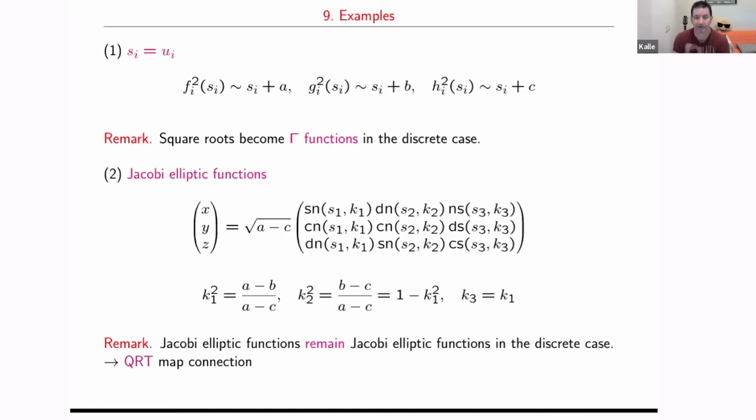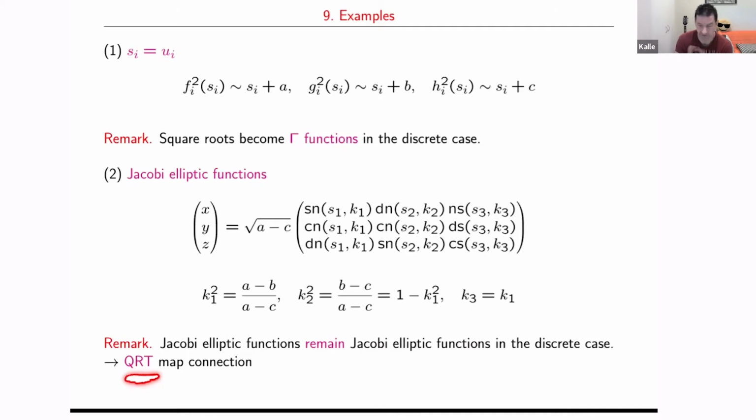And so if you then try to discretize those things, then the square roots that we see here, if we take the square root, they actually become gamma functions, while the Jacobi elliptic functions actually remain Jacobi elliptic functions in the discrete case, and in fact, there are connections with the QRT maps.